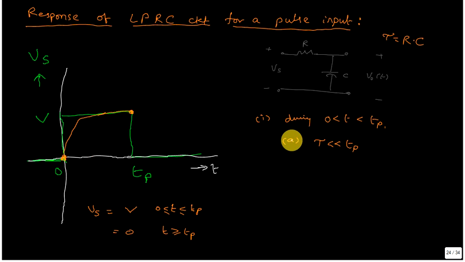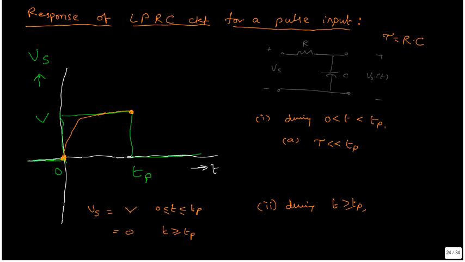And afterwards, during the second case, during t greater than or equal to Tp, we are applying 0 volts. 0 volts is applied for an infinite amount of time.